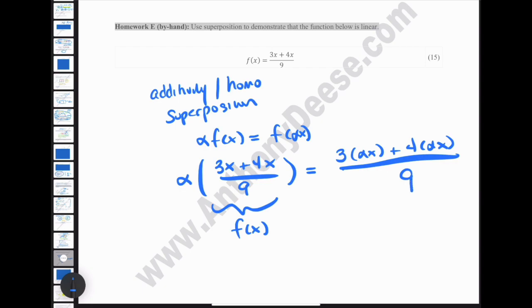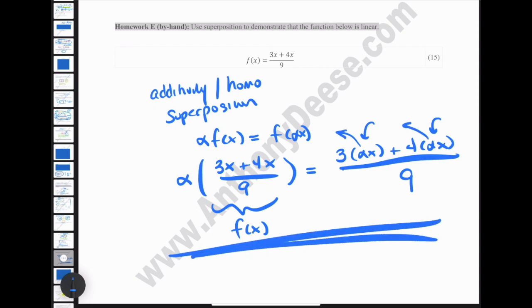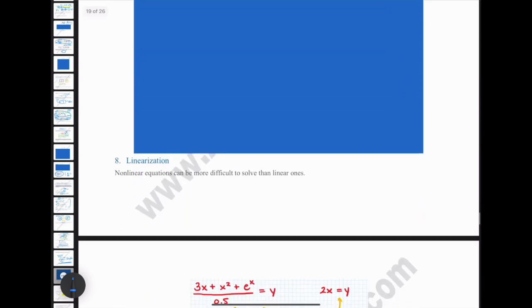Because over here, right, we inserted the alpha as a coefficient of the x value itself. Fortunately, we can pull these alphas out and group them, and we would end up with the same answer. So that shows that that characteristic does apply here.